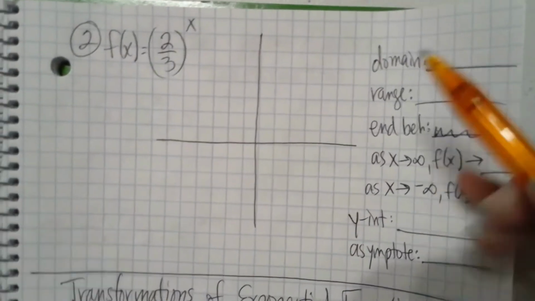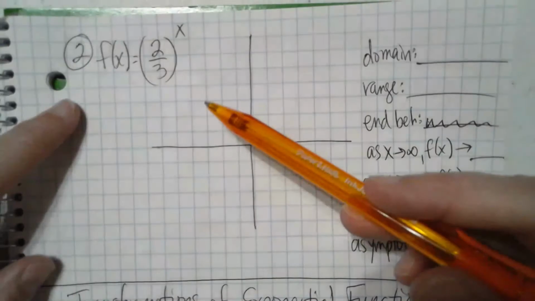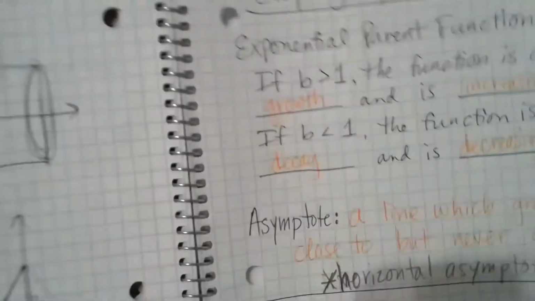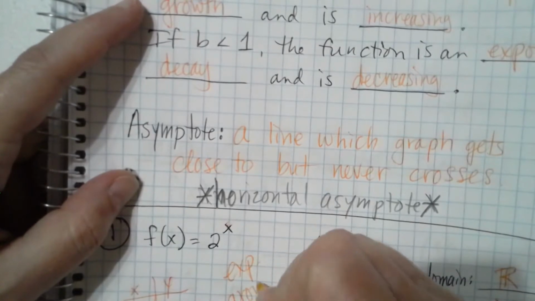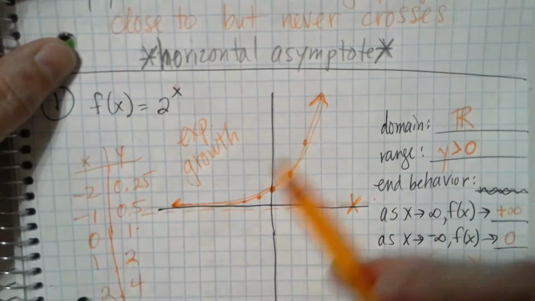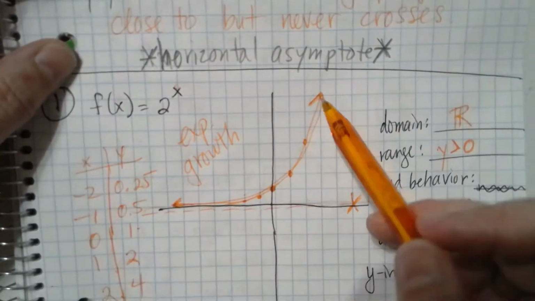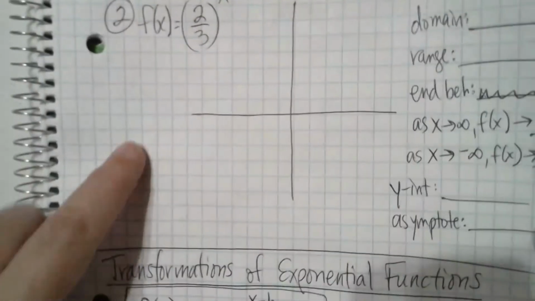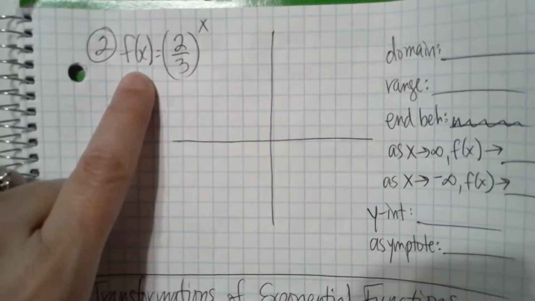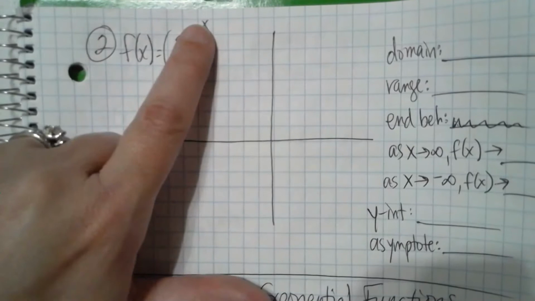All right, same thing on this one. Actually, time out. Let me go back here real quick. We said this was exponential growth because it gets bigger and bigger as it goes from left to right, always increasing. Now our function is 2/3 raised to the x value.